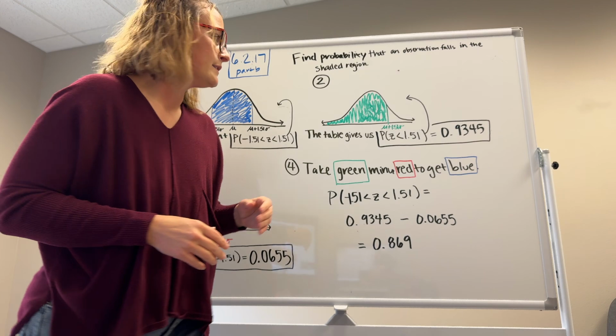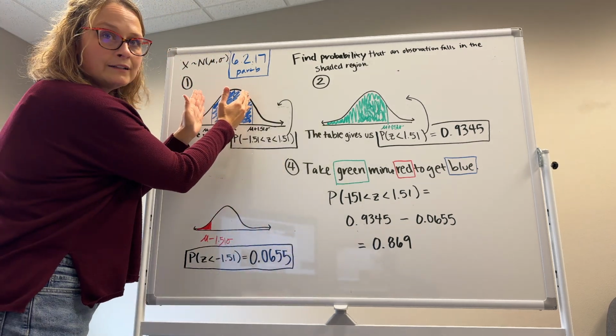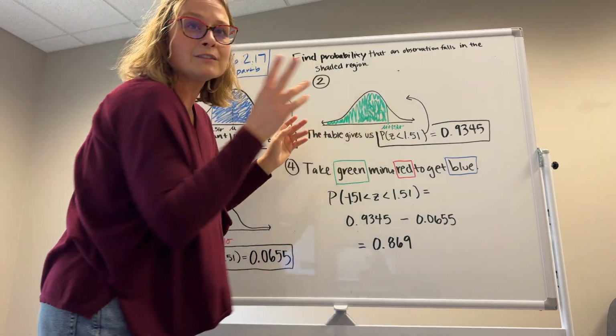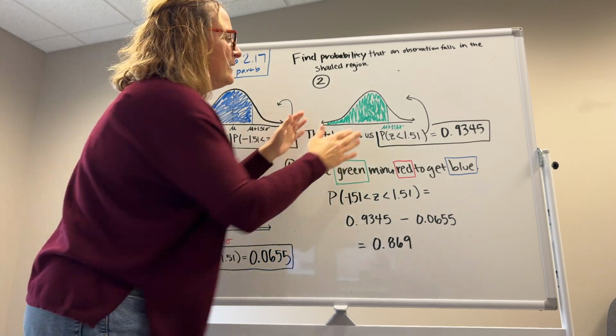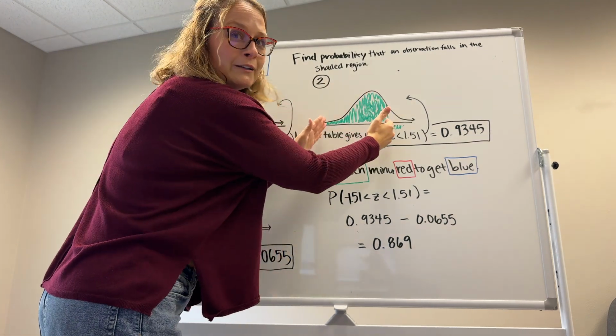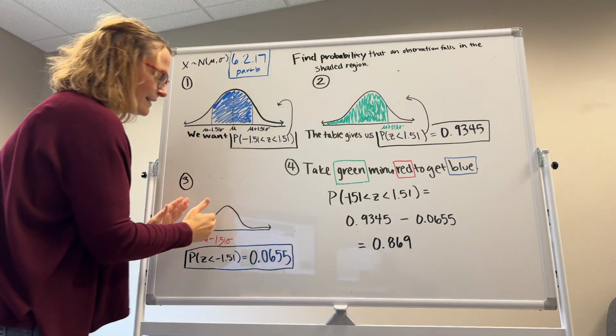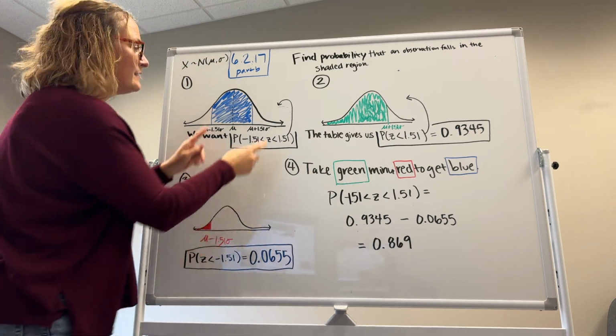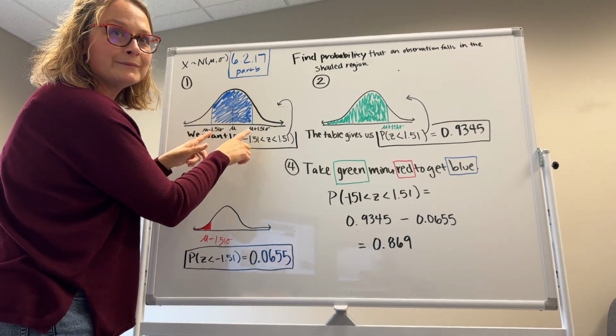So in order to find area between, we're going to have to look up two z-scores and take the bigger area, subtract it from the smaller area to get your area between.